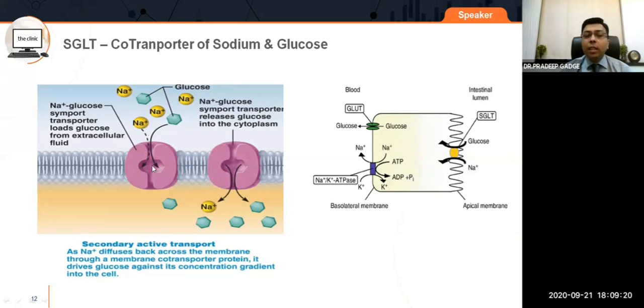And when the molecule reaches the inner side of the cell membrane, the transporter just flips. So it is like the transporter opens like this, it takes the molecules in and then it releases below.